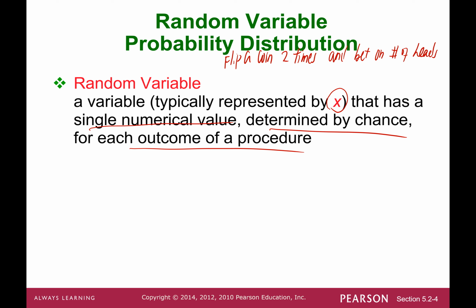Then here you may have 0 heads, 2 tails in a row. First possible outcome, 0 heads. Second possible outcome, 1 head. Third possible outcome, 2 heads.